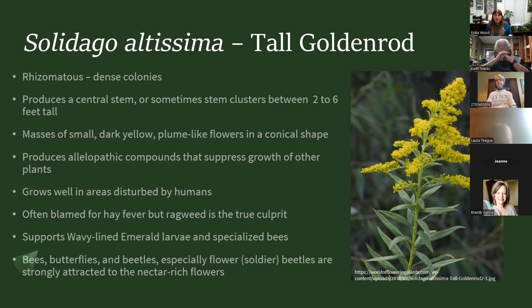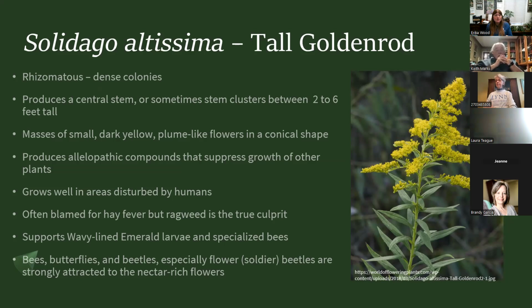It might be a little more difficult to remove once it's there. But you may want tall goldenrod there because it's a good pollinator magnet, a great late nectar food source, and helps support some of our caterpillars and specialized bee populations.